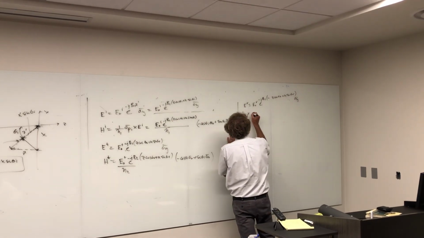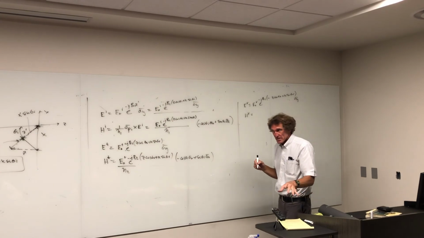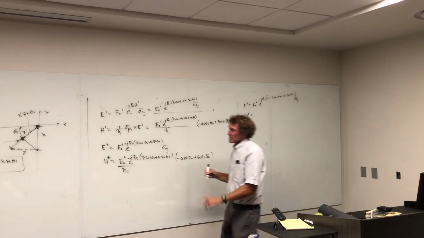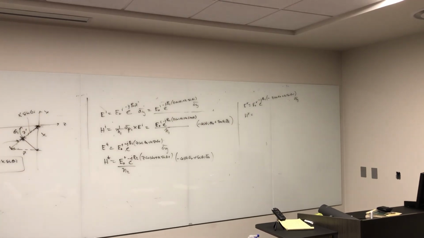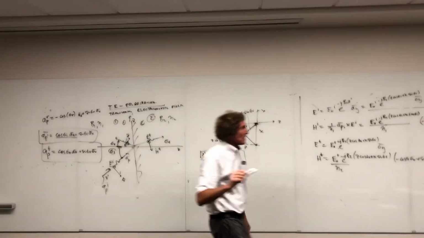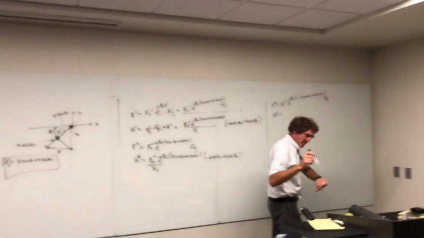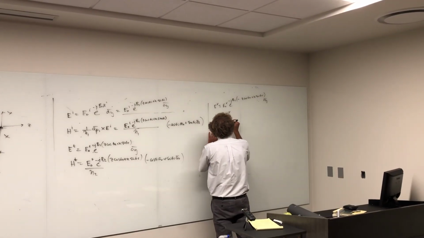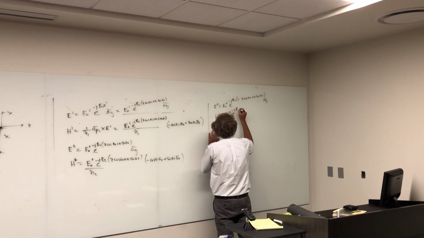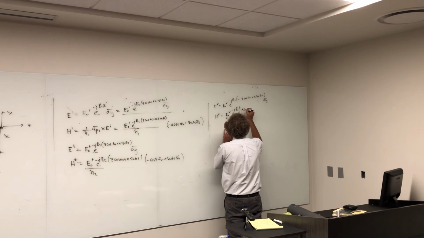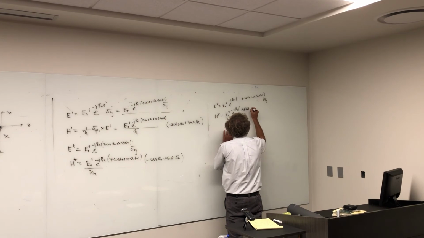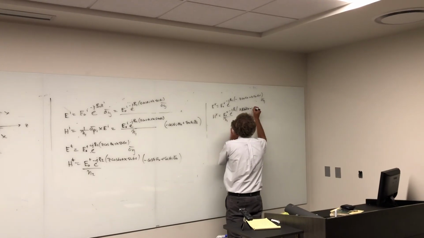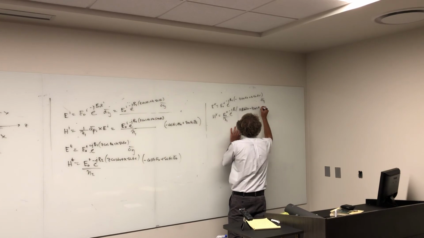For H_r, remember the unit vector has a z component. It's minus that cosine, all right? So when all is said and done, he's going to have E naught reflected over eta 1, e to the minus j beta 1, and it's still going to have x sine of theta reflected, minus z cosine of theta reflected.